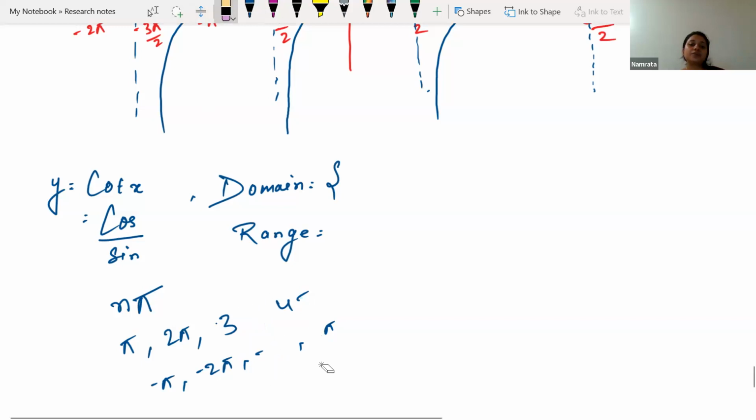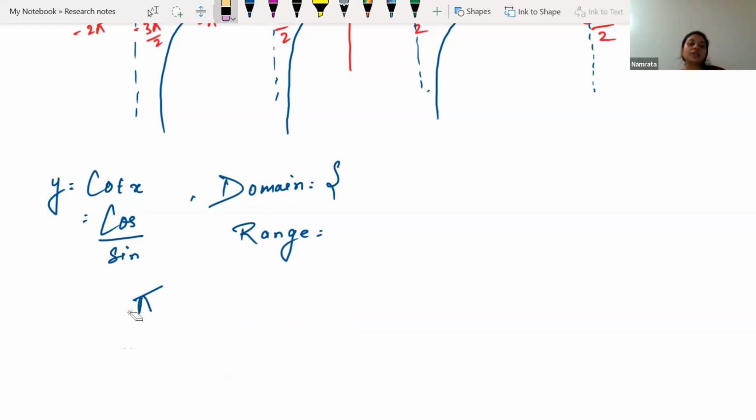So here I am going to write: domain can be all real numbers except n pi, where n is an integer. Can I write it? Domain can be any real number, because cot means cos by sine.